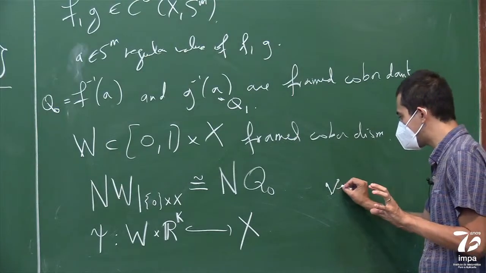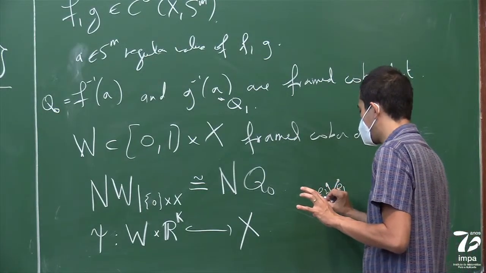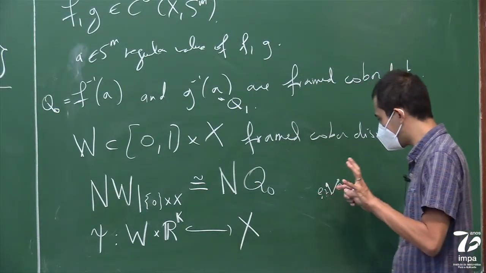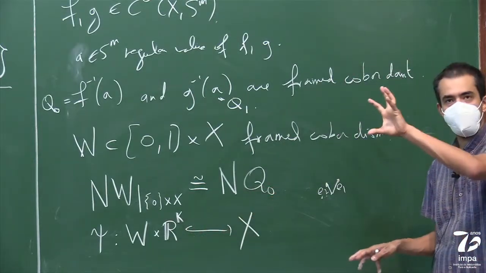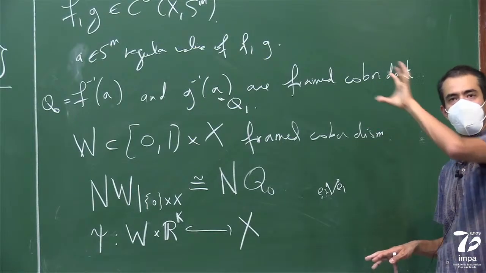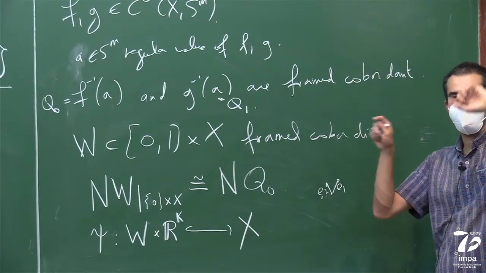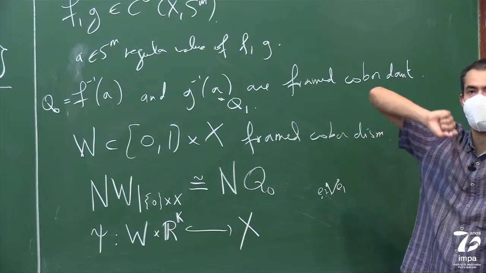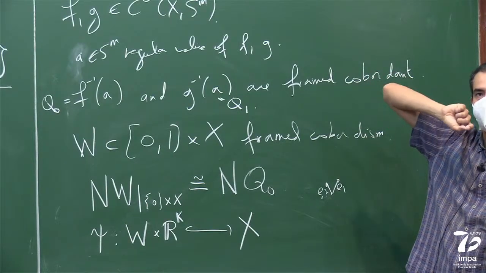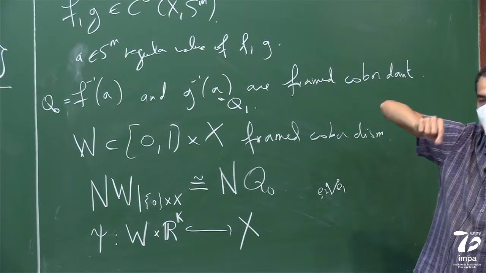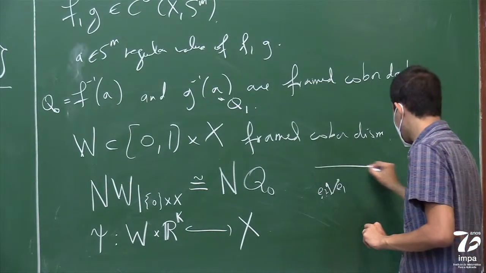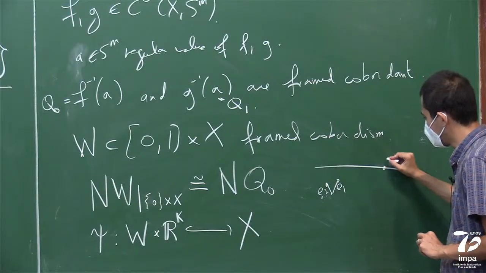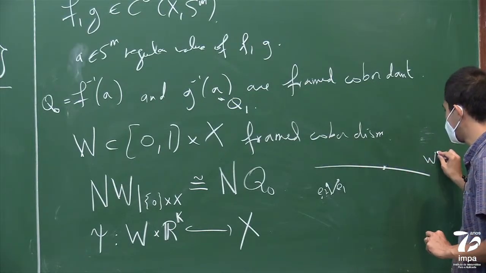So I can take the canonical basis of R^k, send it to that basis, e1, e2, and so on, and exponentiate. Exponentiating just means finding the geodesic that has that speed at time 0 and starts from that specific point on W. Okay, so let me kind of, say this is my W.